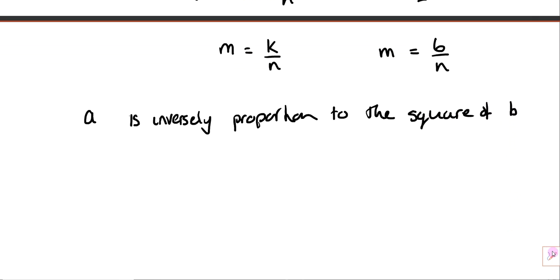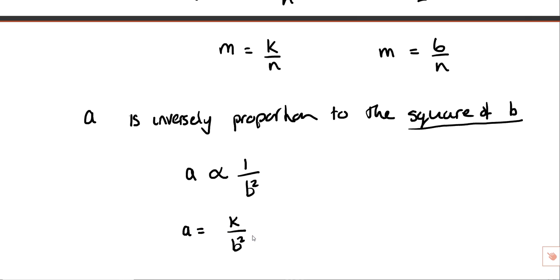How would we write that? A fishy symbol, whatever it is, 1 over b squared this time. So then I would rewrite that as the equation would be A equals K over B squared.